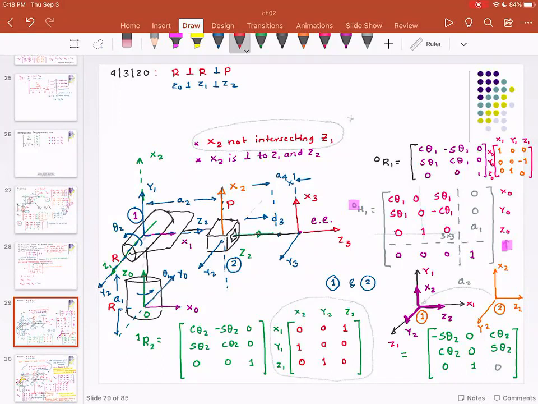And why am I so particular about satisfying these 4 conditions? Because if you look at the textbook, the problem is solved using something else, which is called Denavit-Hartenberg parameters. Typically, in robotics textbooks, that is the standard way of solving problems.